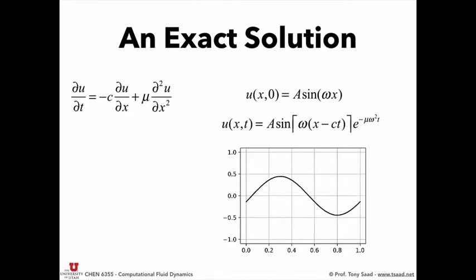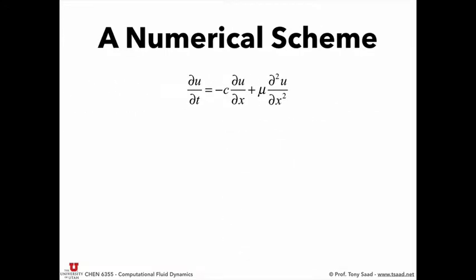Okay, pretty straightforward, simple. Now a numerical scheme for this advection-diffusion equation. Suppose I want to do forward Euler in time and central in space for both advection and diffusion.